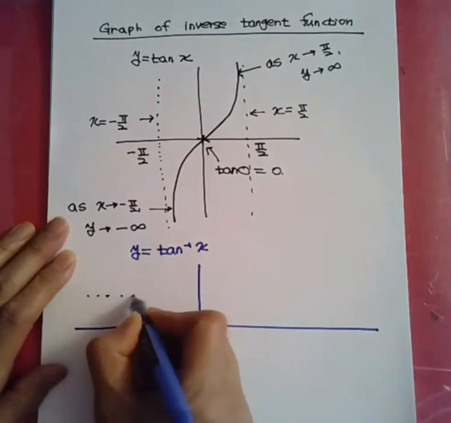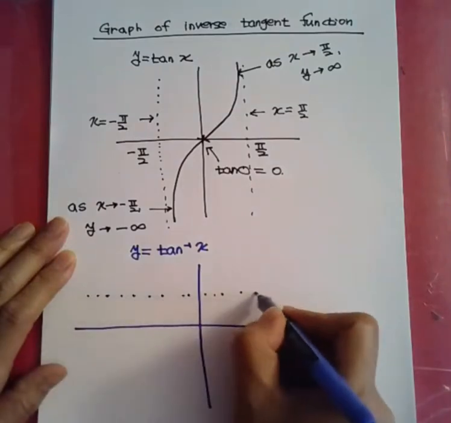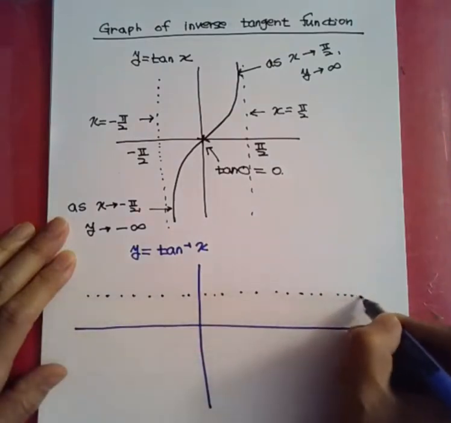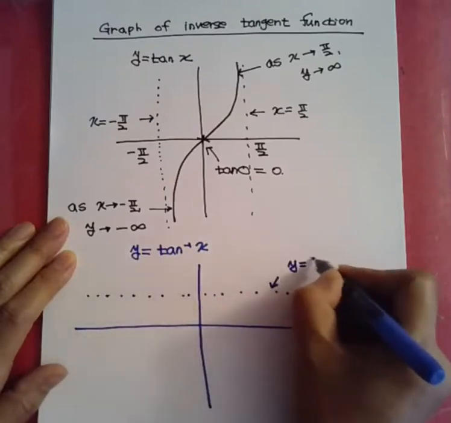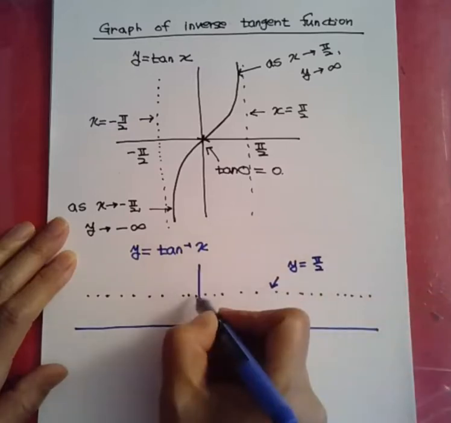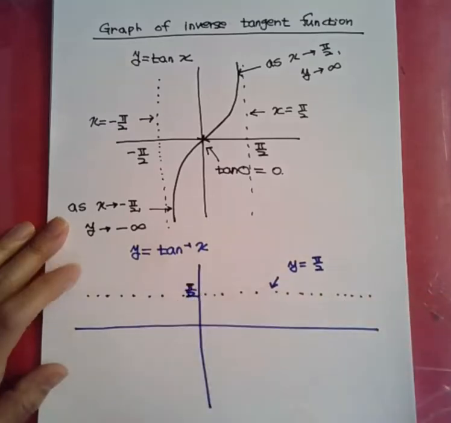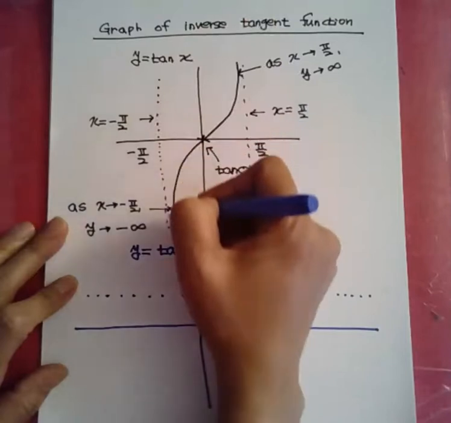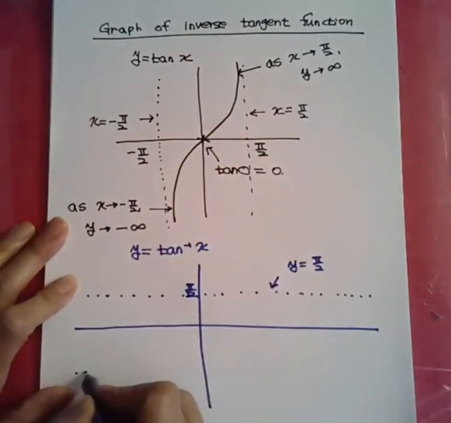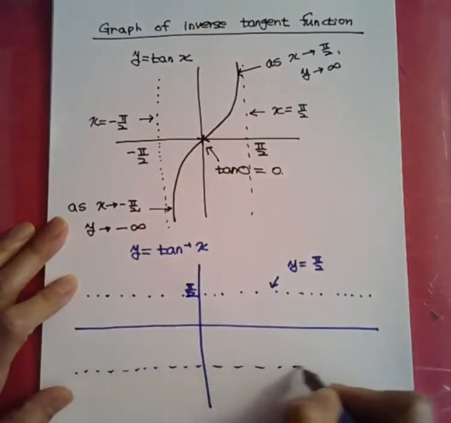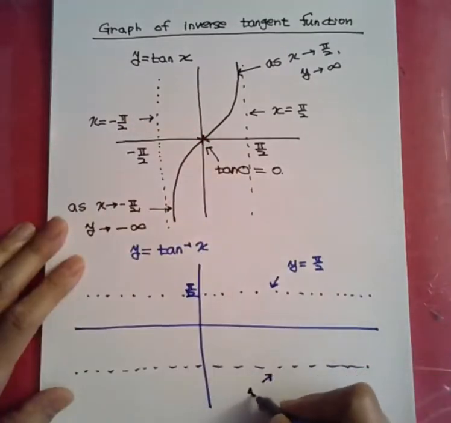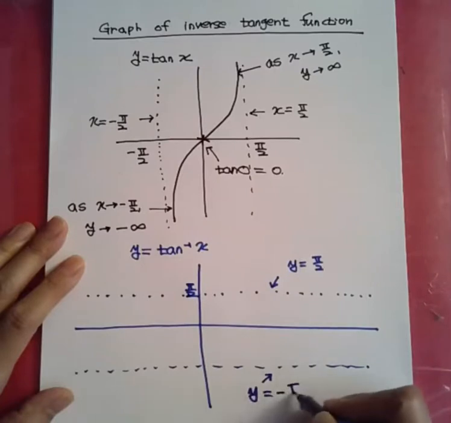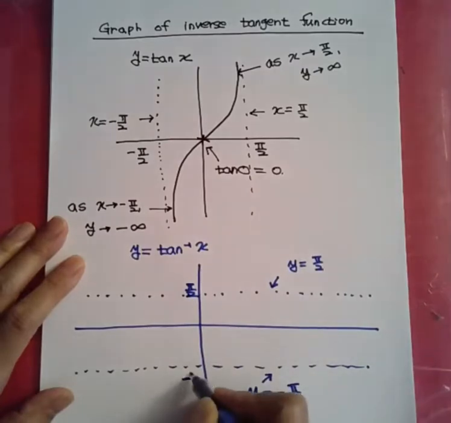This time, instead of a vertical line, we are getting a horizontal line. This is y equals pi over 2. And this other vertical line will become a horizontal line, y equals minus pi over 2.